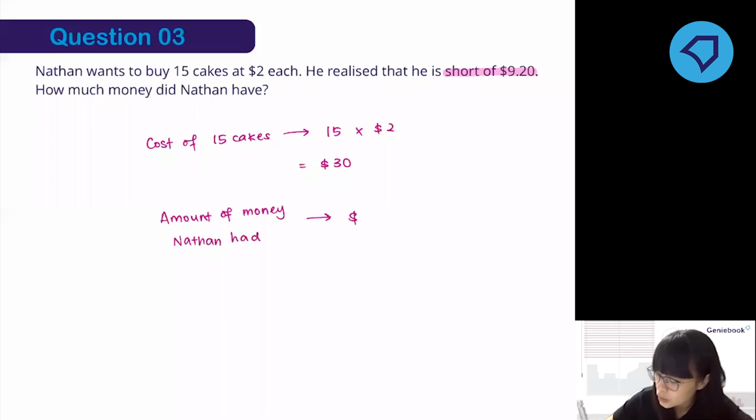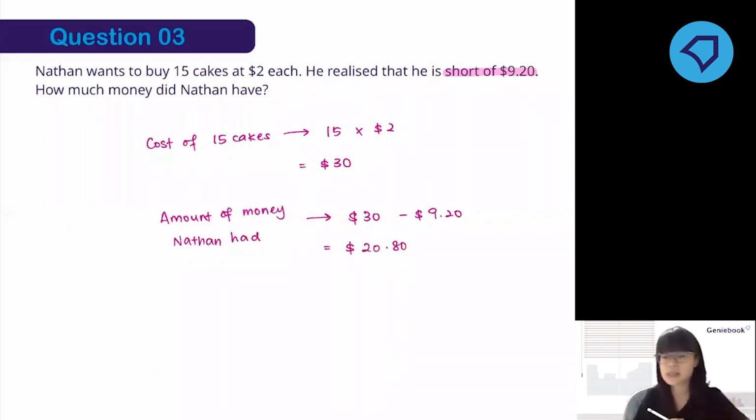Not enough money to buy. So take $30 minus $9.20. The answer should be $20.80. Short of just means not enough. I don't have enough money to buy everything.